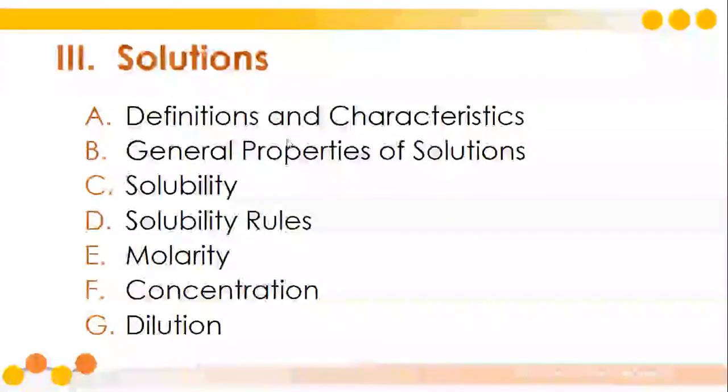We'll be tackling definitions and characteristics, the general properties of solutions, solubility, solubility rules, molarity, concentration, and dilution. For these last three, we will be involving some calculations, so please prepare your scientific calculators and your scratch papers.